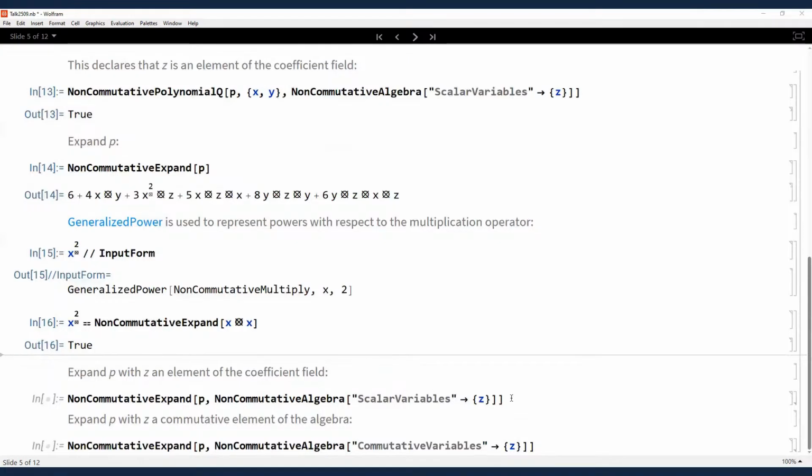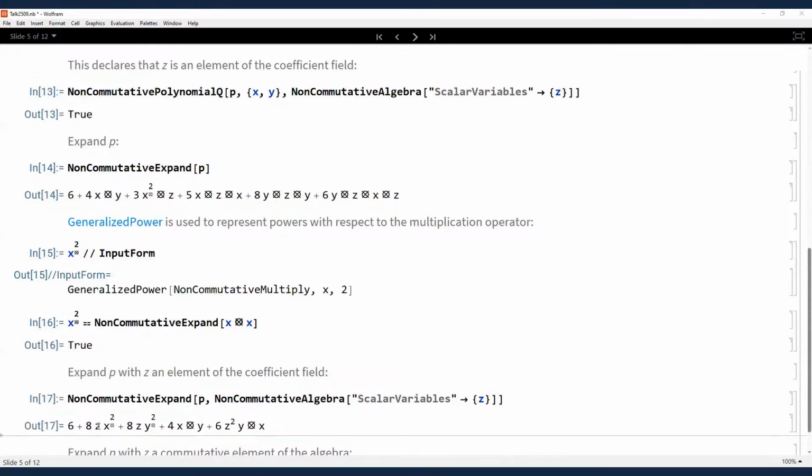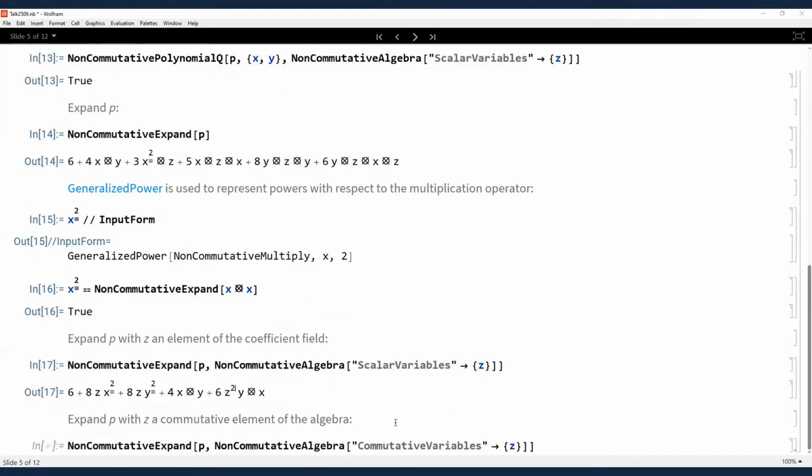Now let's expand P over the algebra where Z represents a scalar variable. So you can see that Z was now pulled out in front of the terms, and it's multiplied using regular times, not non-commutative multiply here. And here is a regular square of Z rather than a generalized power.